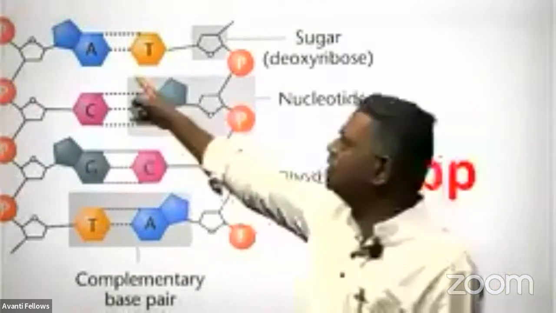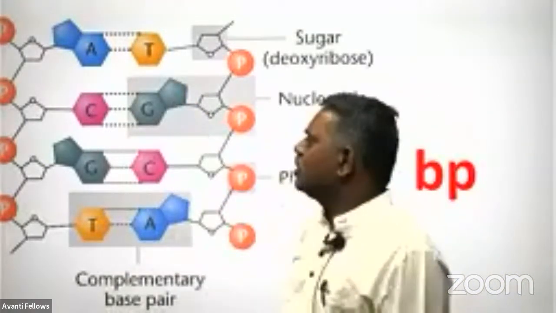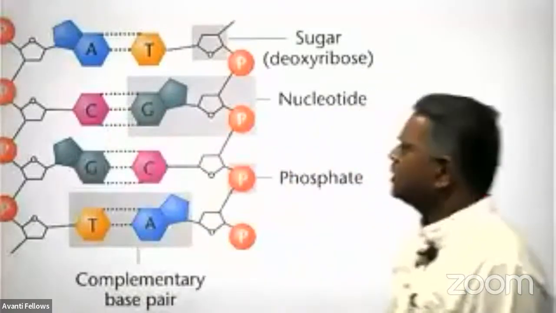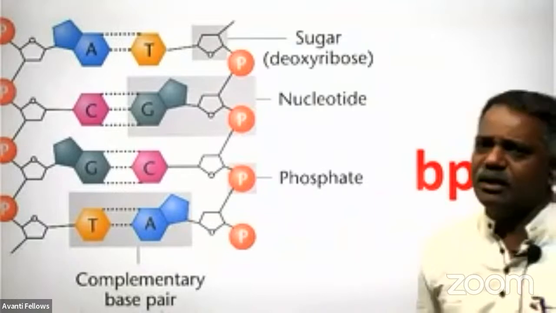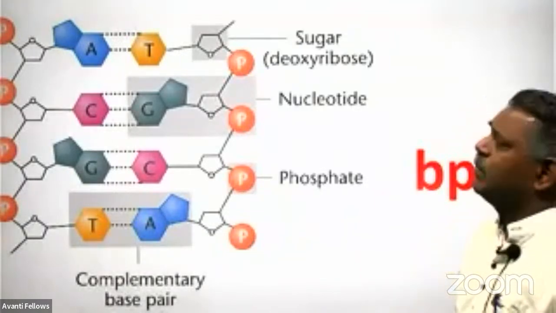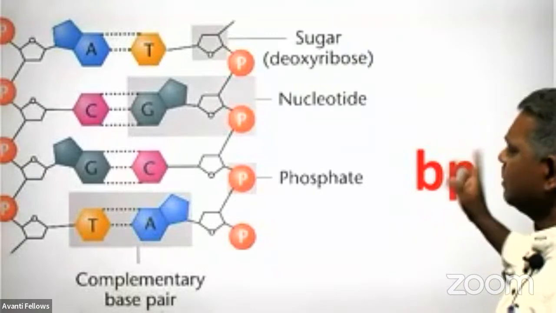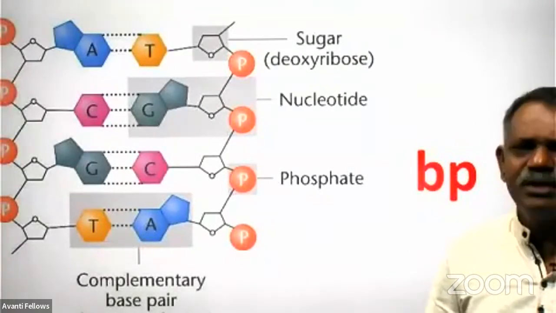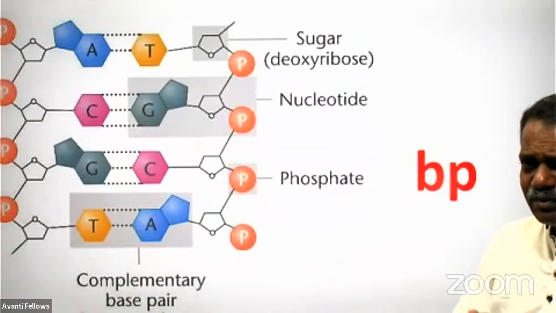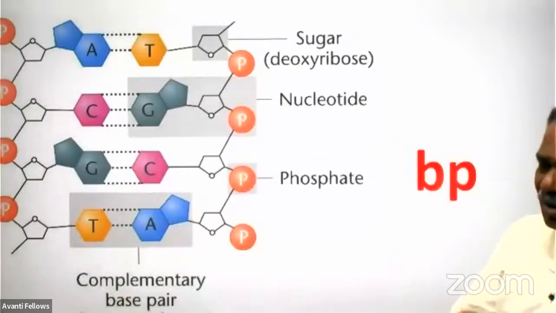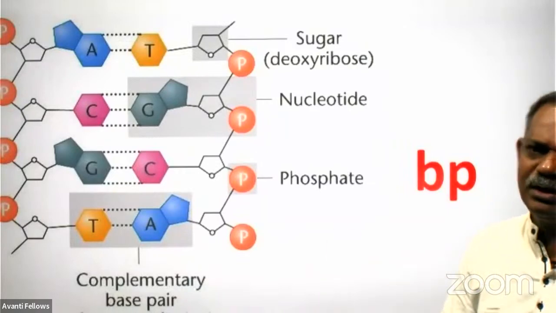See, adenine always comes close to the thymine and produces two hydrogen bonds. Guanine comes close to the cytosine and forms three hydrogen bonds, making a pair here. That is what we call base pairs. Base means the nitrogenous base, which goes for pairing with hydrogen bonds. But this pairing is always between adenine and thymine, and cytosine and guanine only.